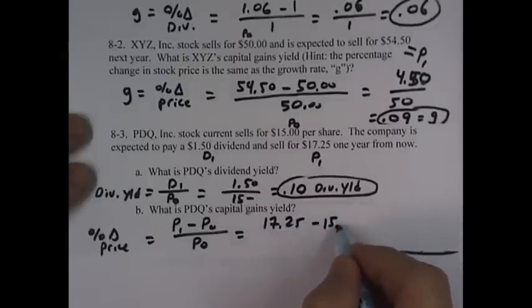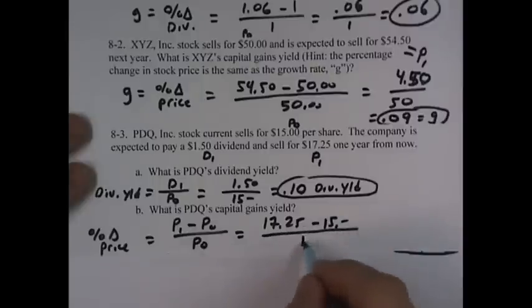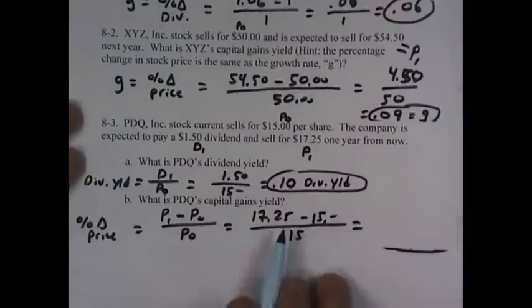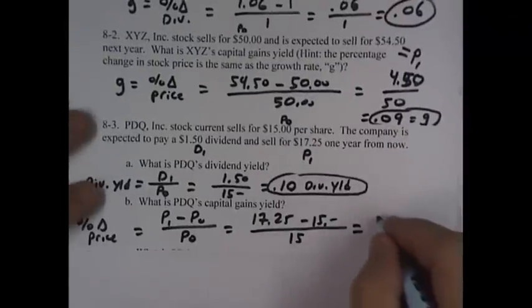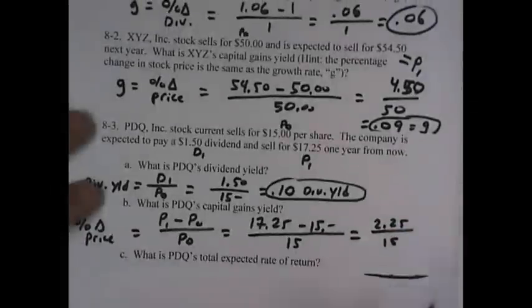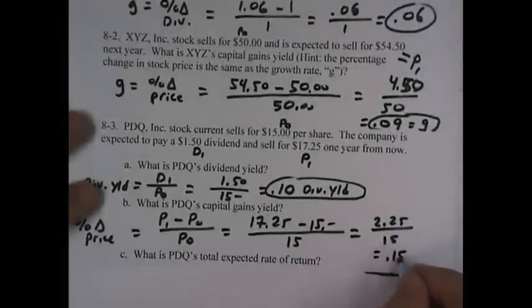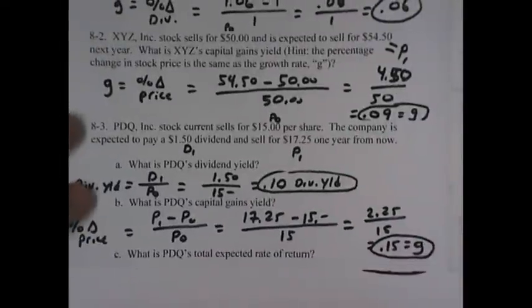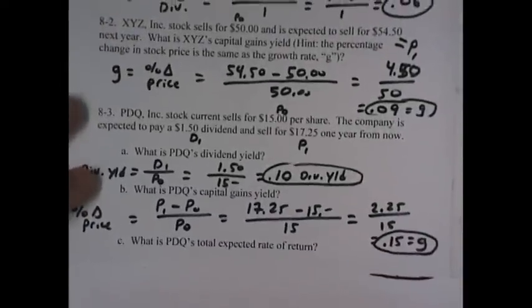You could buy it today for $15. So I see the stock price going up by $2.25 on a $15 share price, and that is a 15% capital gains yield or growth rate in the price of the stock.